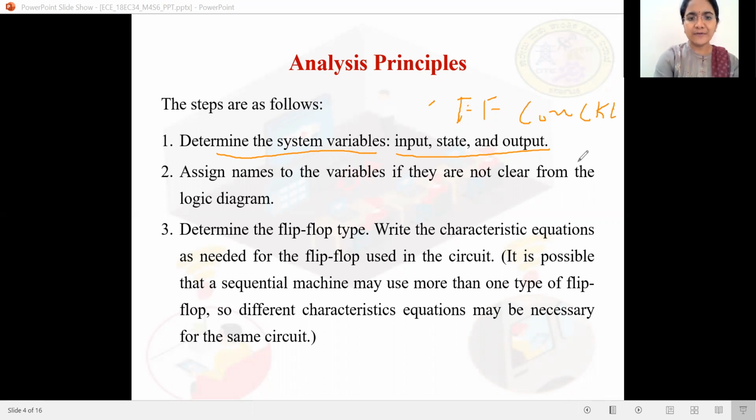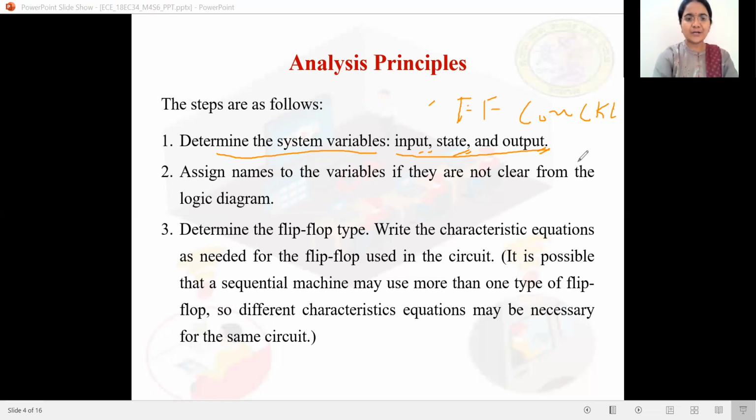For the circuit, we have to find the input variables, and the state variables, which are nothing but the outputs of the flip-flops or the next state of the flip-flops, and the output variables. We have to determine these three.